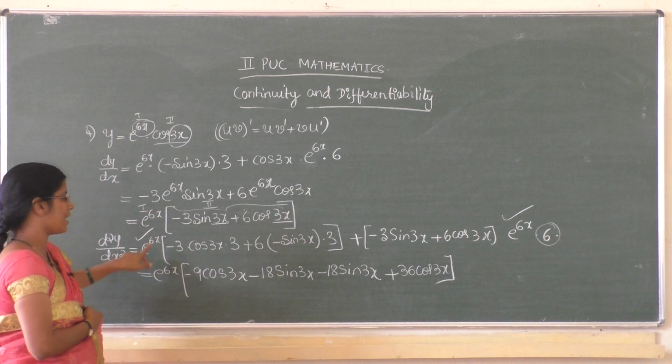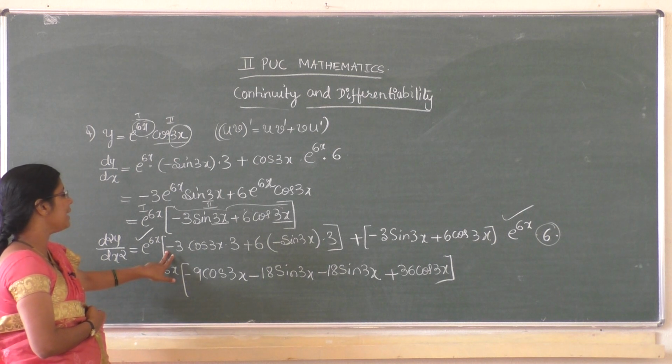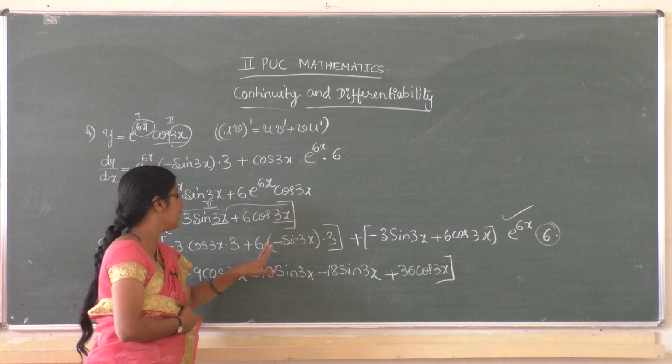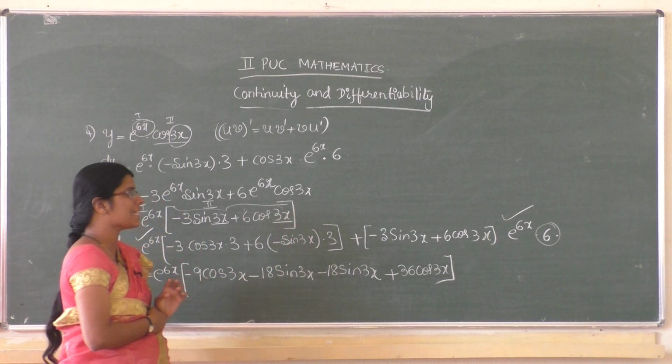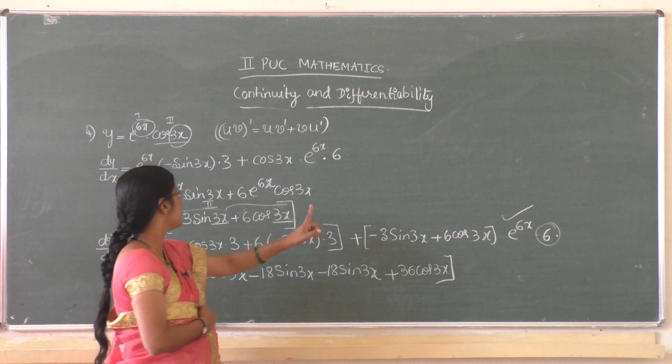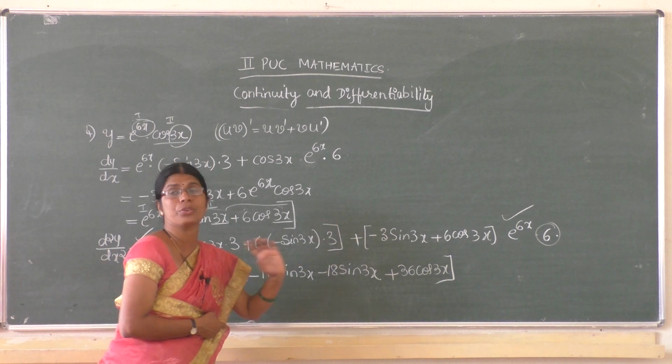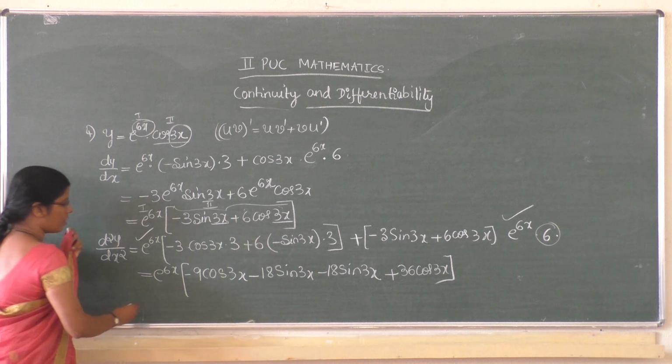E to the power 6x you take common, so minus 3 into 3, minus 9 cos 3x, minus here 6 into 3, minus 18 sin 3x. There we have 6 into 3, so minus 18 sin 3x plus 6 into 6, that is 36 cos 3x.